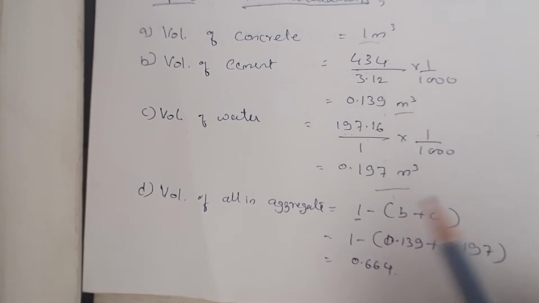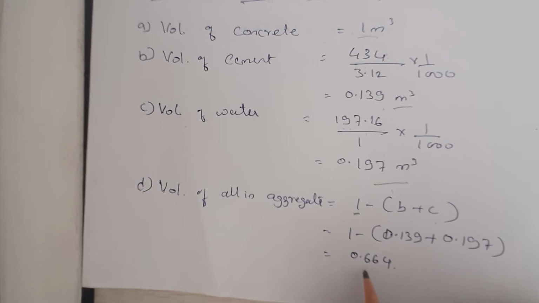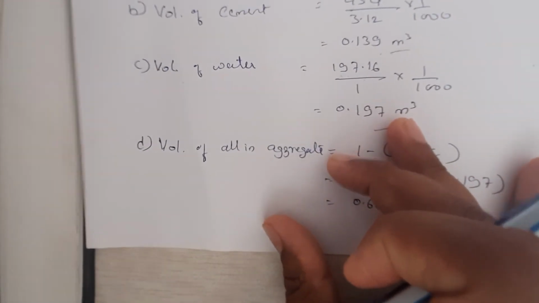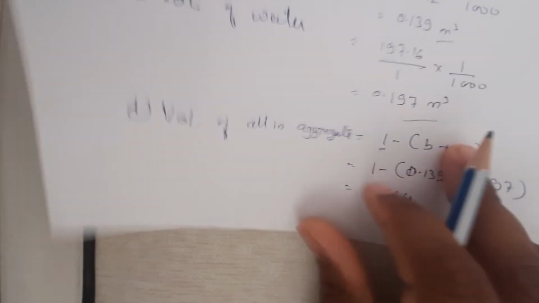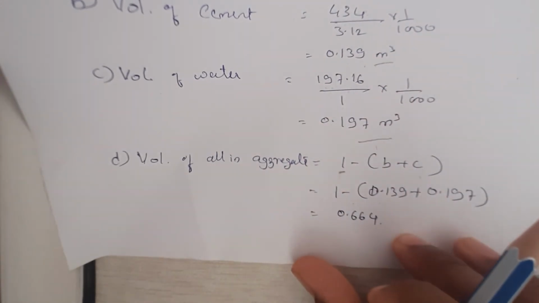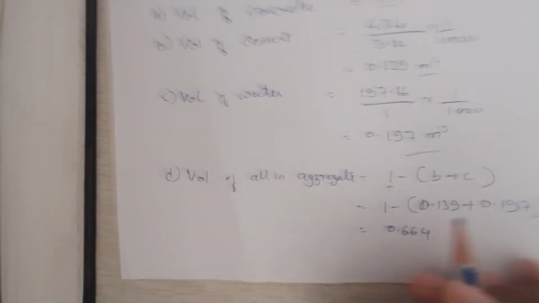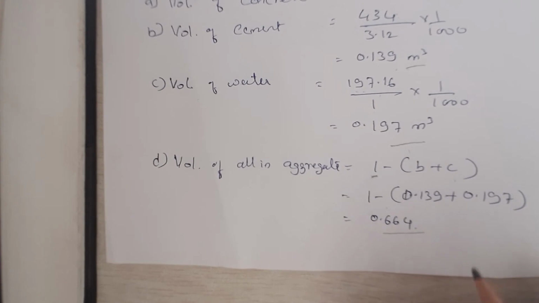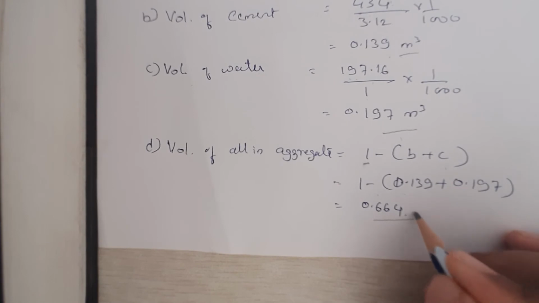If I reduce this from the total volume of the concrete, I get the all-in aggregate per 1 meter cube of concrete. So, 1 minus the bracket of 0.139, the cement content, plus 0.197, the water content. If I reduce this, I have got 0.664 as the volume, in meter cube, sorry.